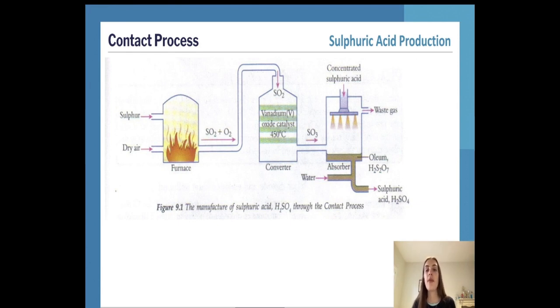And so the manufacturer wants to try and produce as much sulfur trioxide as possible per day. So it makes no sense to try and achieve an equilibrium mixture which contains a very high proportion of sulfur trioxide if it's going to take, again, several years to achieve that equilibrium.